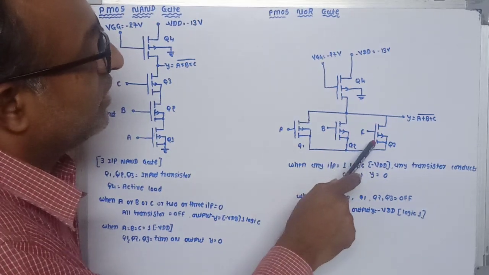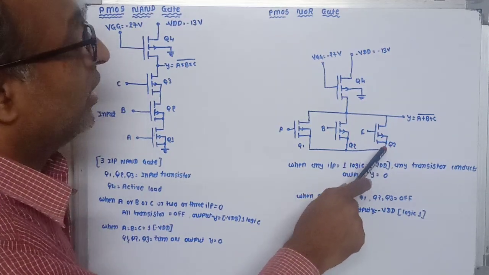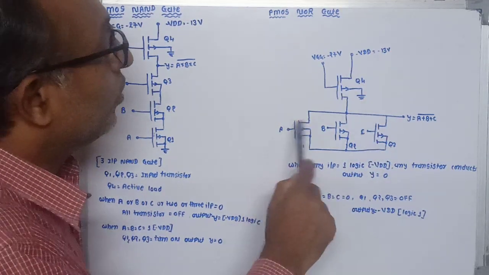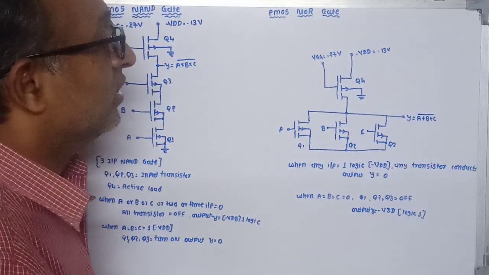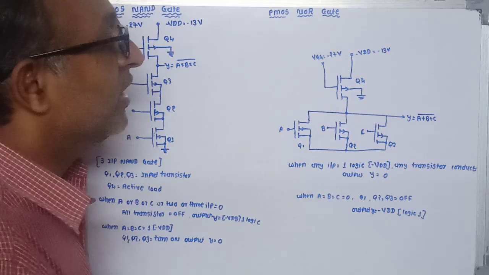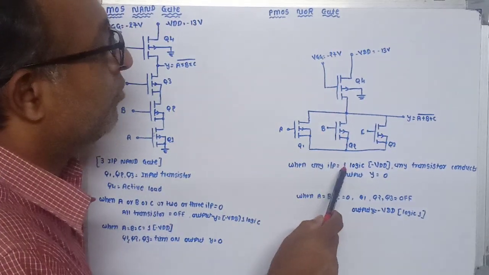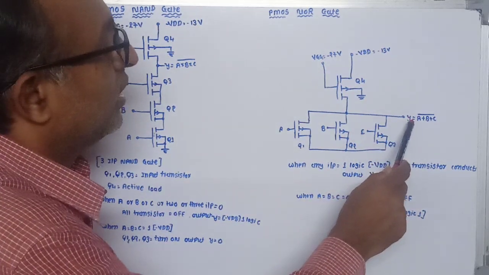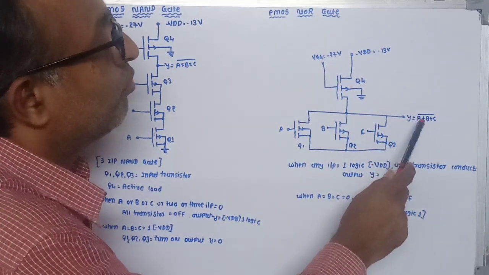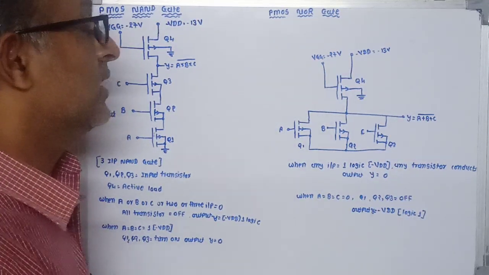If C is at logic 1, Q3 is turned on. If A, B and C are all at 1, Q1, Q2 and Q3 will turn on. So I can write that with any input at logic 1, a transistor conducts, and as a result our output Y is equal to 0. That means our output becomes 0.